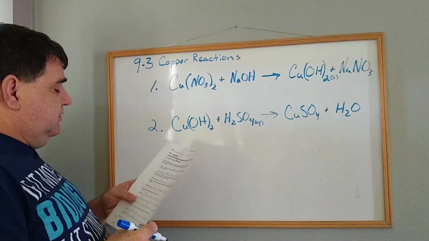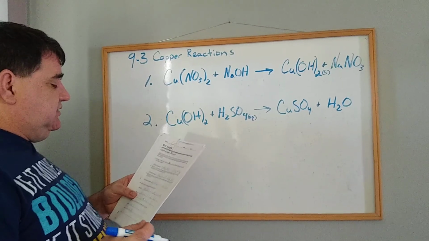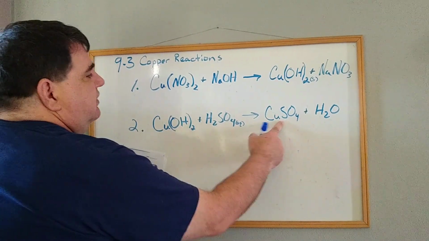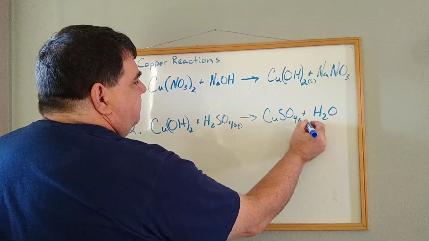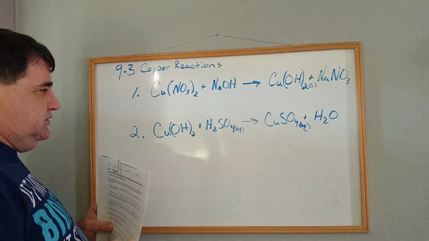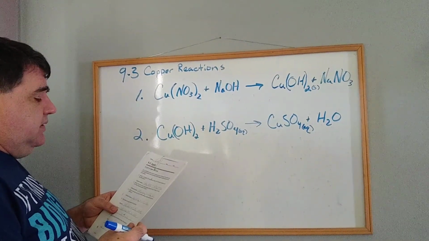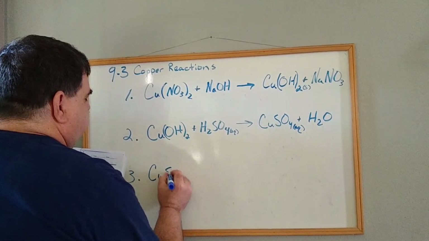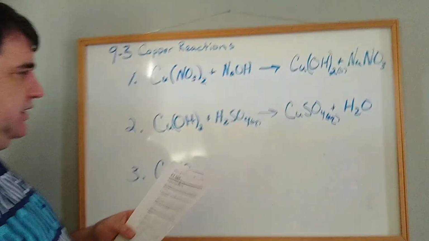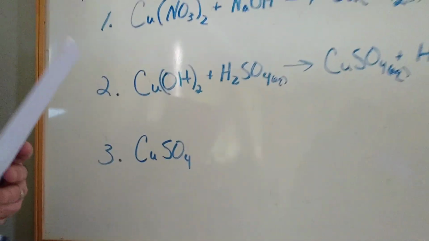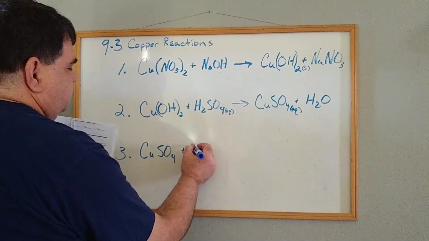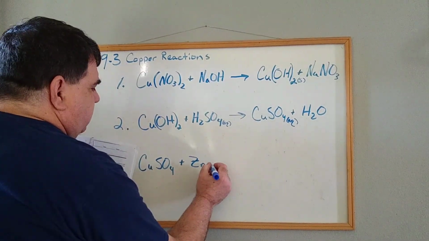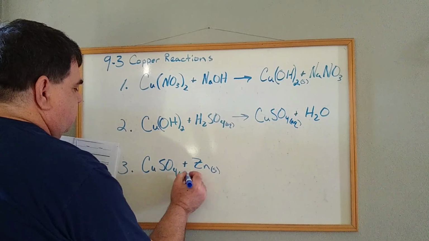We then go down to reaction number 3. It says she adds a piece of zinc to the solution containing the copper compound. So this is a solution. We also know that this has to be aqueous, because question number 3 tells us something about question number 2. So she takes the copper-containing solution and she adds zinc, and whenever we have just a metal, it's just a symbol, and we know it definitely has to be a solid, and this one's aqueous.